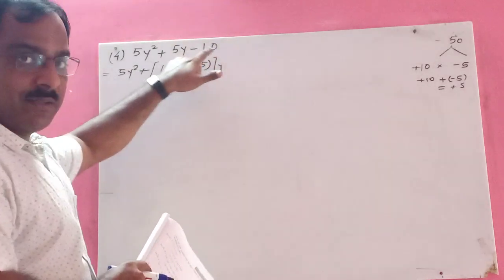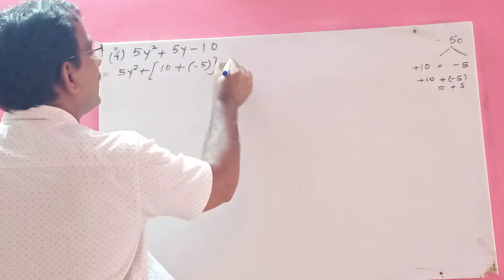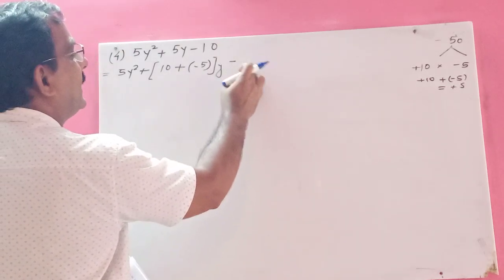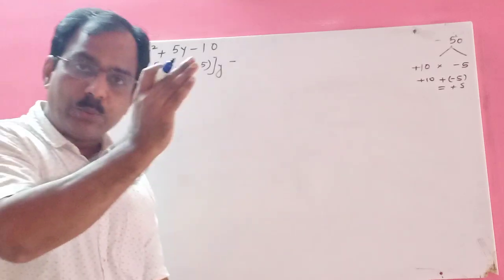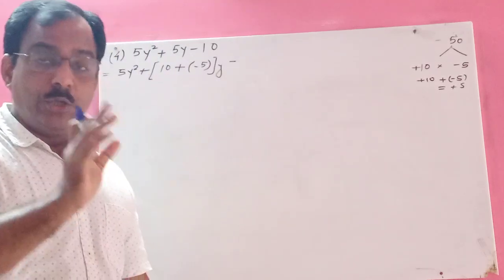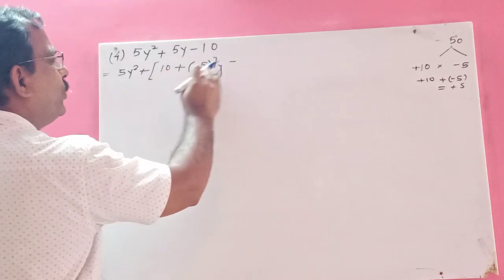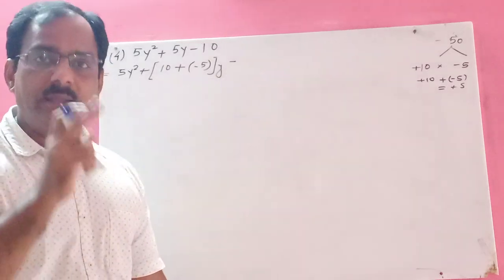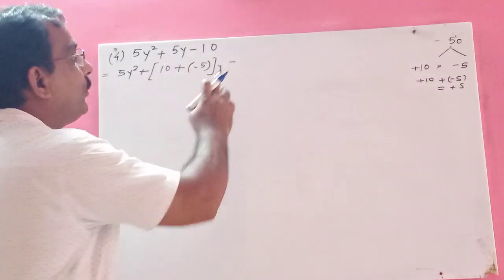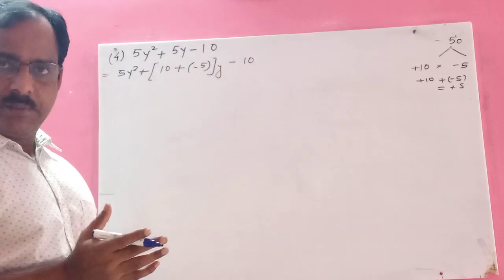So this is changing. So that is why I will not write this as 10 multiplied by minus 5. This is the major difference between question number 1, 2, 3 and this one. Do not write here the last term as 10 into minus 5 like I have written in question number 1, 2 and 3. So what will you write here? This number as it is. Write as it is. Simple.